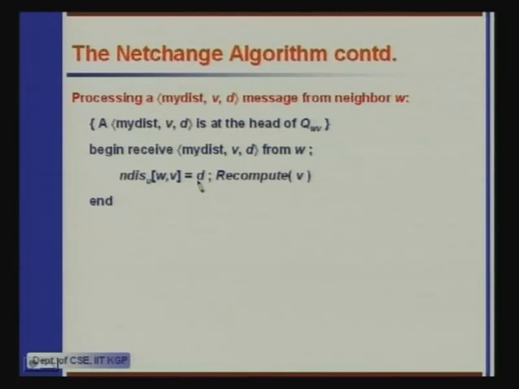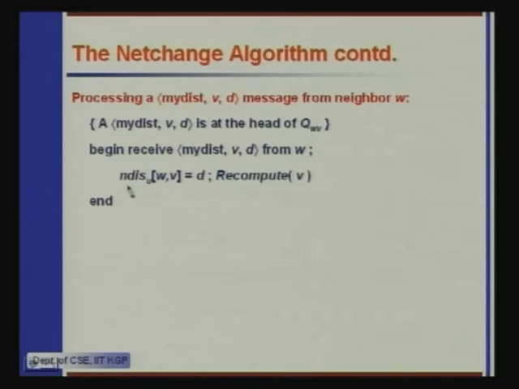Because W is telling me that its distance to V has become D, right. Now where do I store that? I store that in ndis UWV, because that is where I am storing my estimates of W's distance to V.